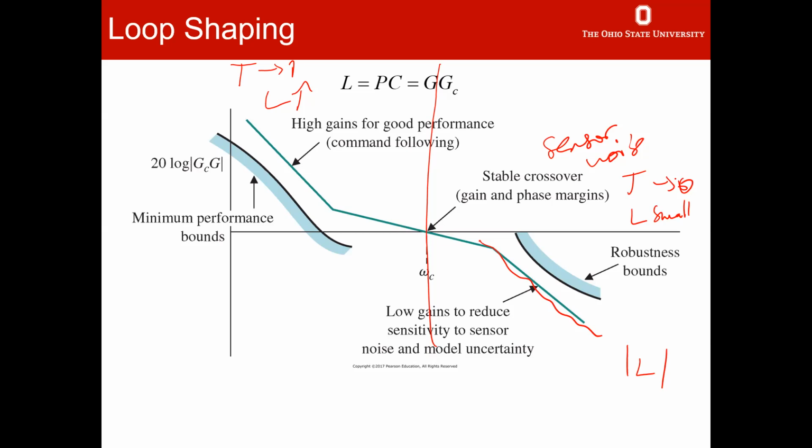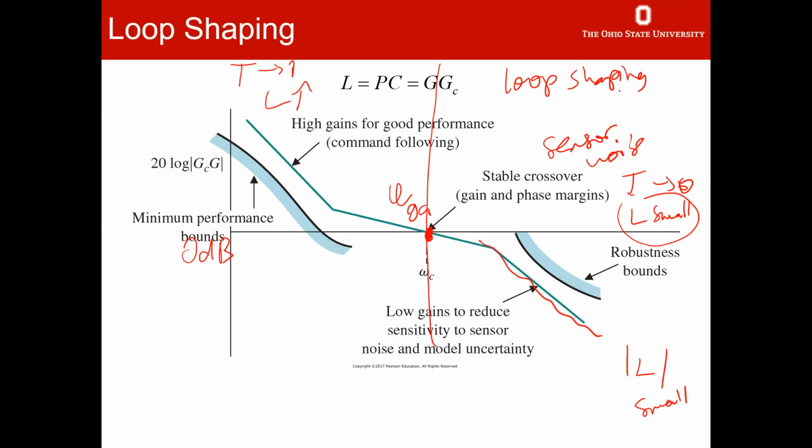And as I said, it's a complex number, but if its magnitude goes to 0, it also becomes small in that sense. Somewhere in between, I would have to cross this point, which I'm going to call the gain crossover point. This will be the 0 dB line. We'll come back to this as we keep discussing this. But this is what I call loop shaping.